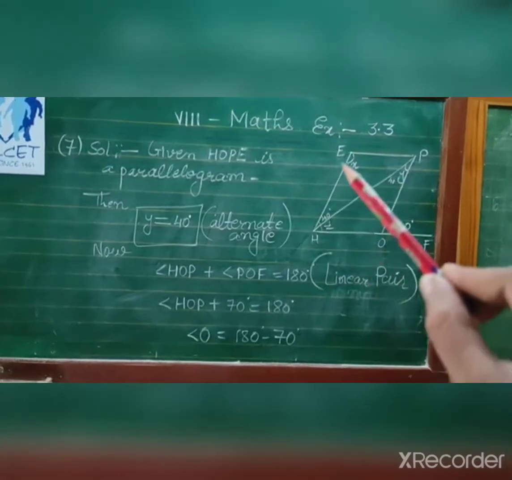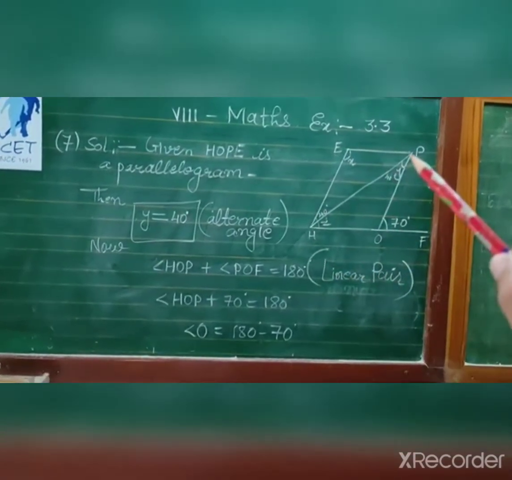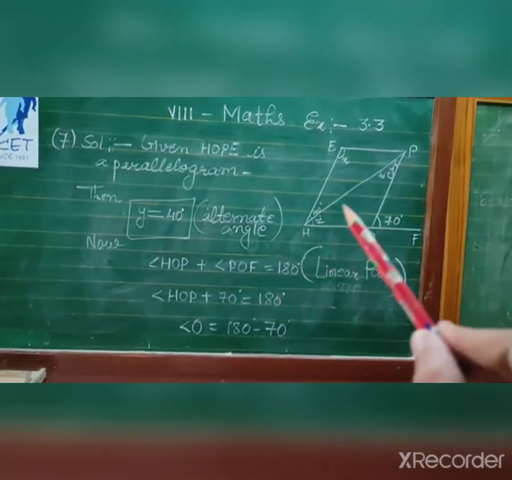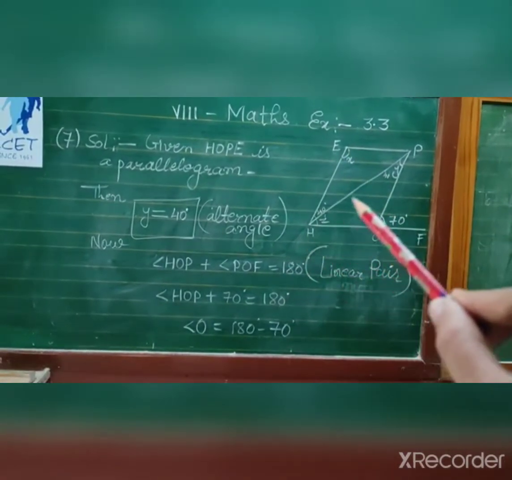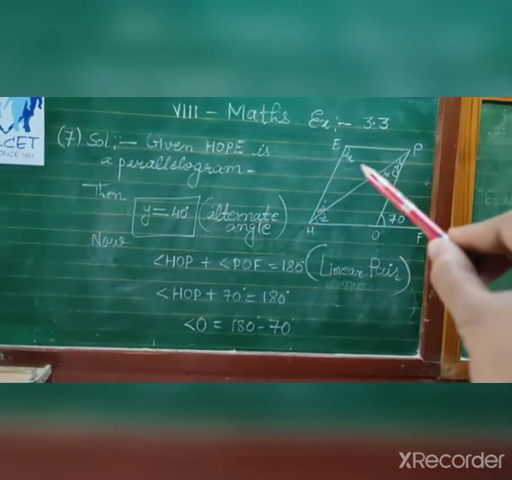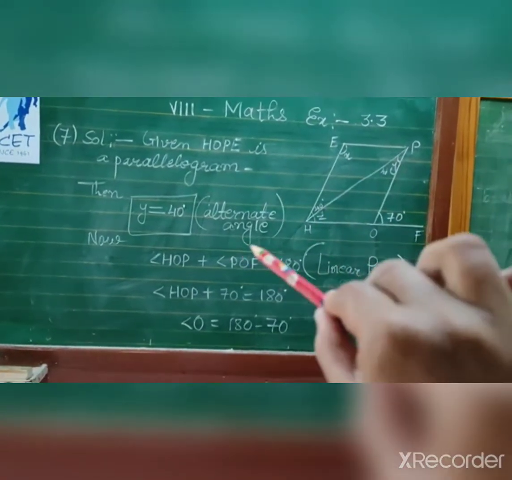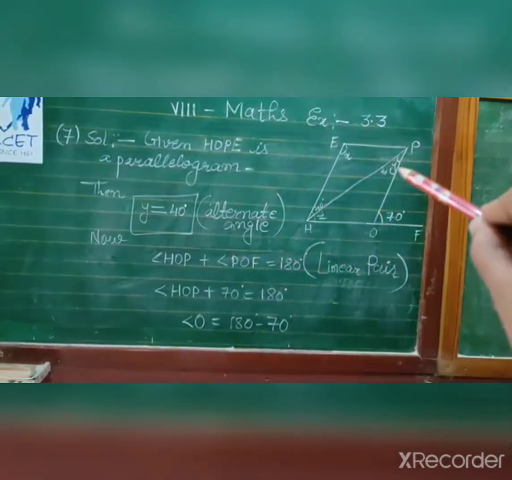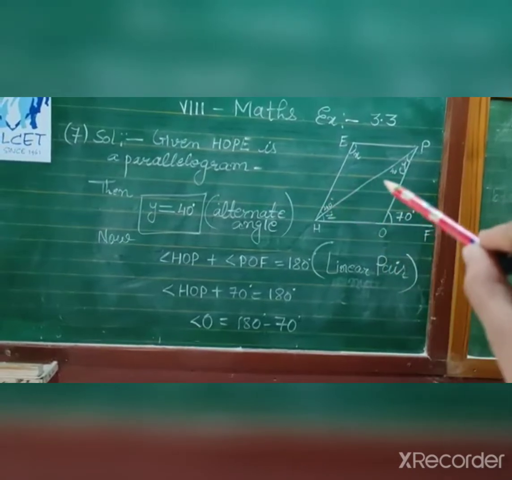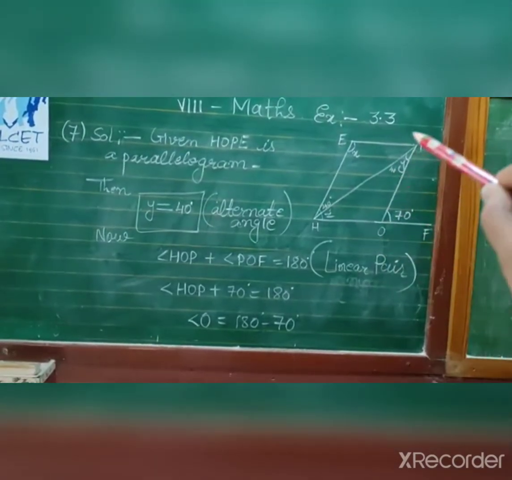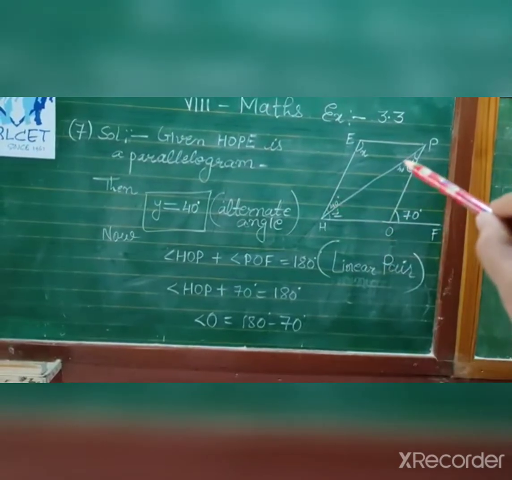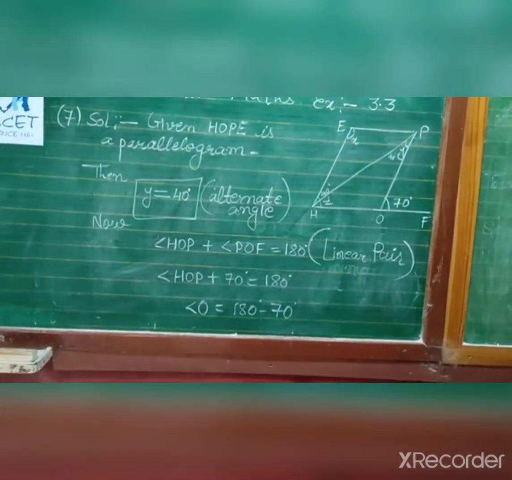So EHP, 40 degree, equal to y. Alternate angles you can see. Parallel lines, it's intersecting, so alternate angles will be equal.